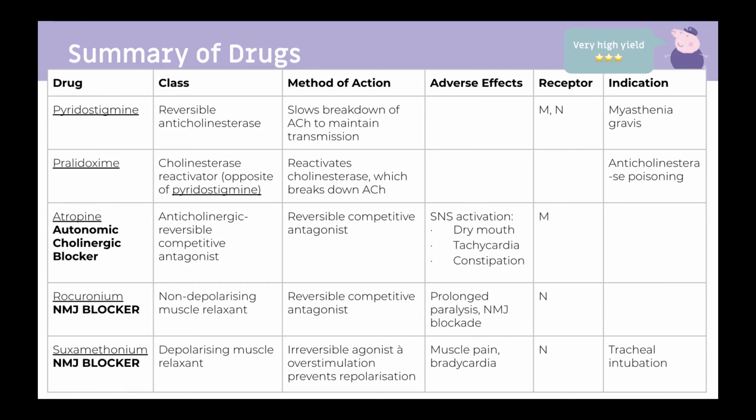Sometimes you can have some pesticides or some poisonous chemicals that will cause you to have anticholinesterase poisoning, which basically means that your cholinesterases are being inhibited. In other words, you've got chemicals that mimic the function of pyridostigmine in your body, but you didn't actually want that effect.